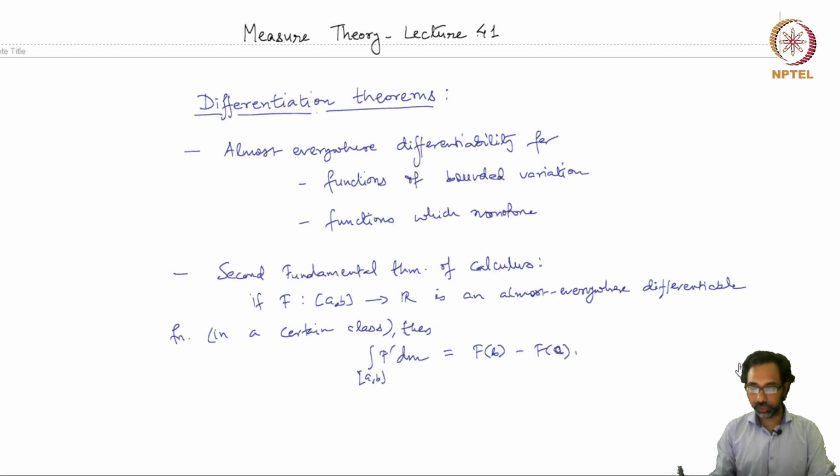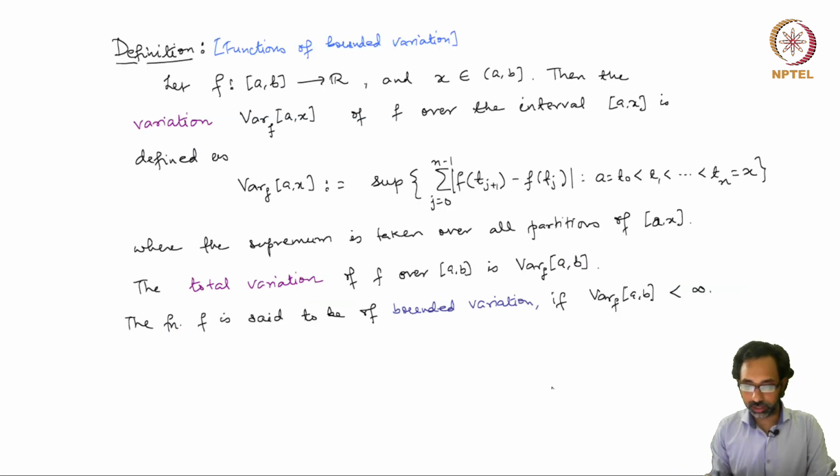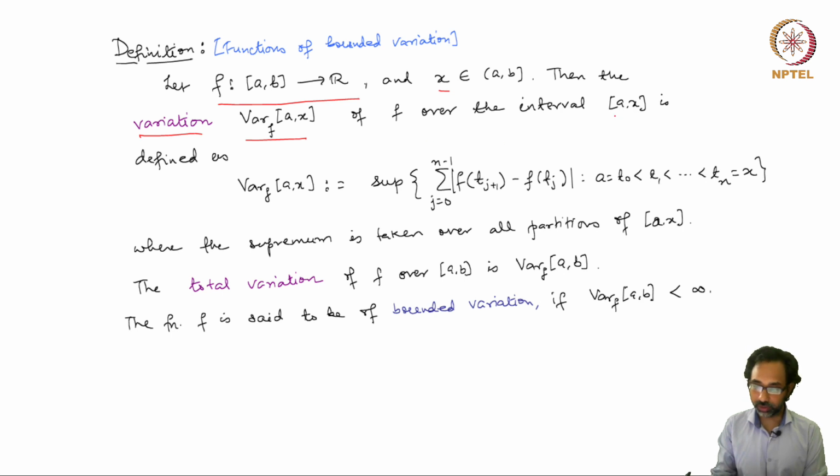So let's come to the definition of functions of bounded variation, which we will treat first. So here's the definition. If you consider a real valued function on a finite interval a b, and pick a point x between a and b, a excluded and b included, then we define the variation, which we denote by var f a x, of f over the interval a x.